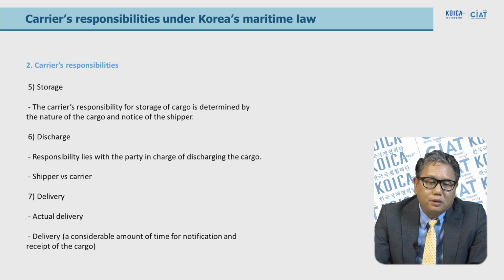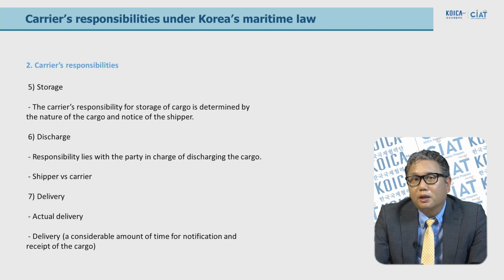Number 6 is the discharge. As for the discharge, the responsibility lies with either the shipper or the carrier, depending on who is in charge of discharging the cargo. It is the same as for loading and storage, and lastly the discharge.